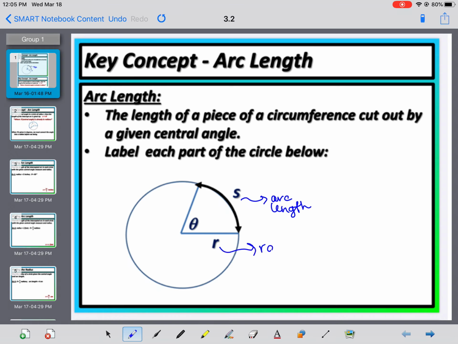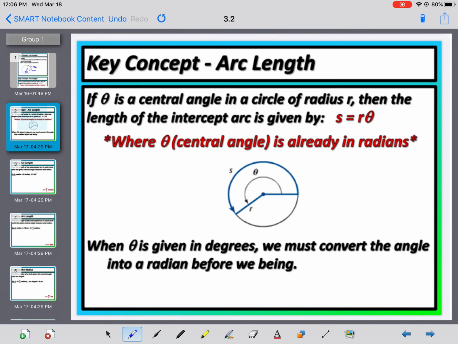R is the radius of the circle, and theta is your central angle. So we have a formula to find arc length.